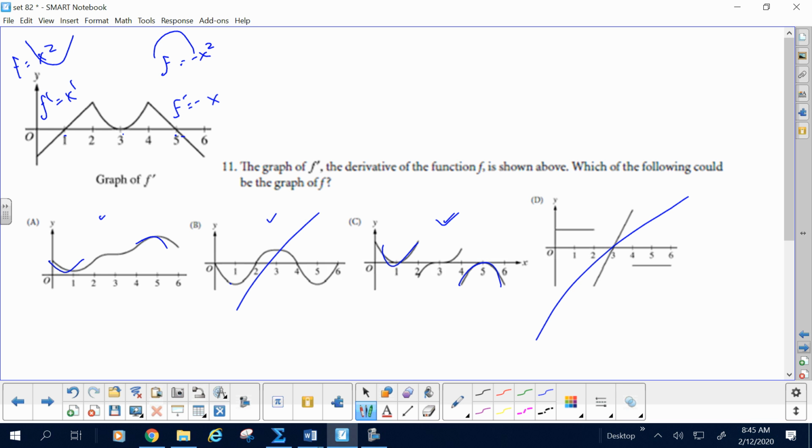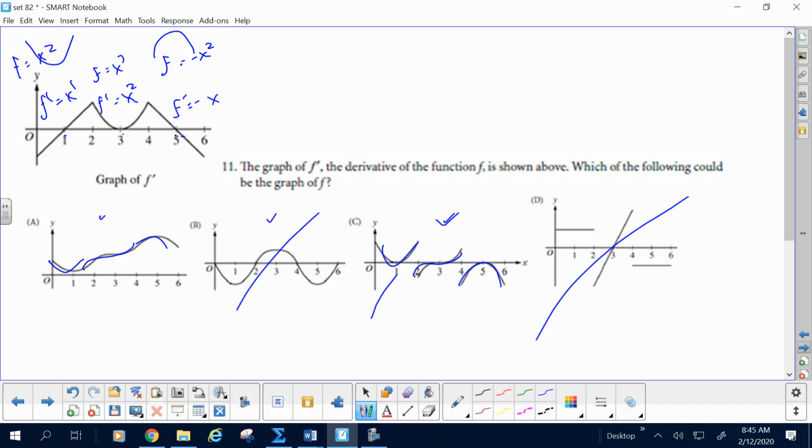How do you make the case? And this also looks like f prime is x squared. So f is x cubed, yeah? And that also feels right and right. So which one is it? A or C? A. Why do you say A, Brian? Is it because C, the graph of f prime wouldn't exist at 2, 4. Beautiful.